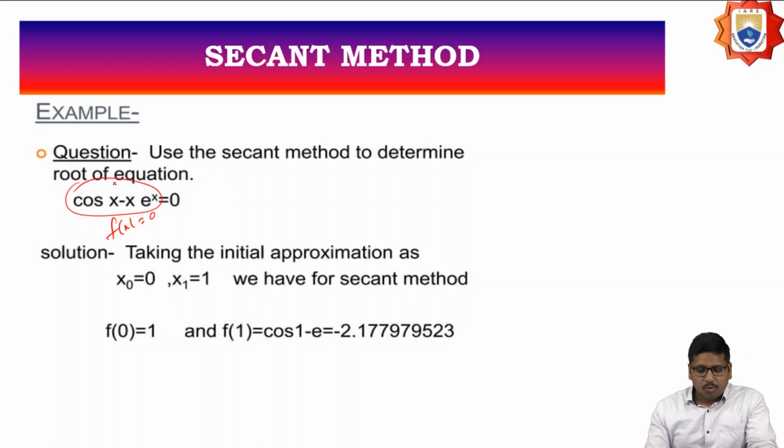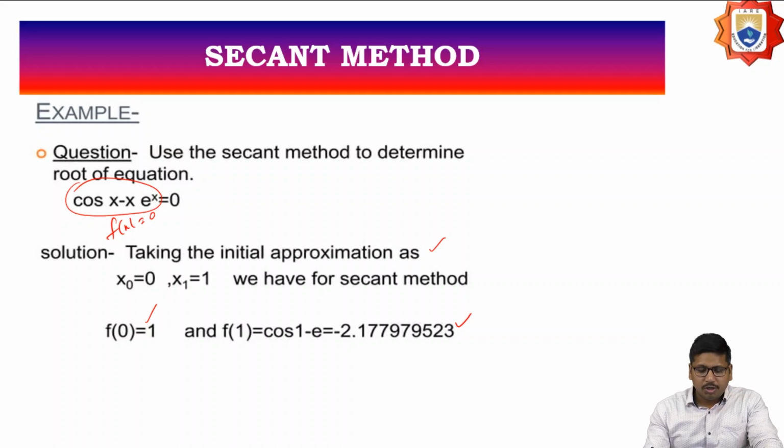Take the initial approximations x0 = 0 and x1 = 1. Then f(0) = 1 and f(1) = cos 1 - e^1. This value is -2.17. These are the initial values required for the secant method here.